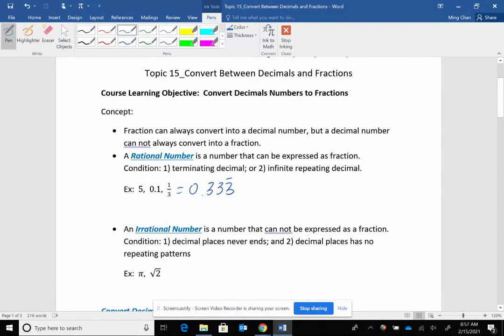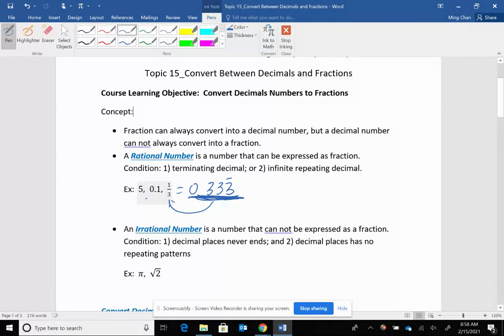Any repeating decimal with a pattern can be converted back into a fraction. To take a repeating decimal and convert it back into a fraction, you will have to use a calculator. That's the reason why eventually I will begin to introduce calculators.